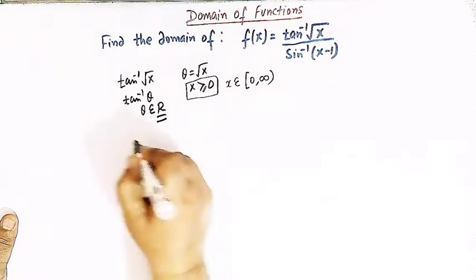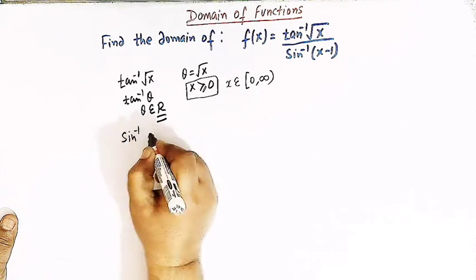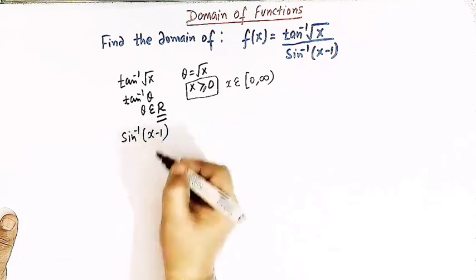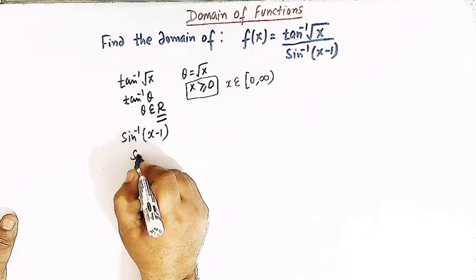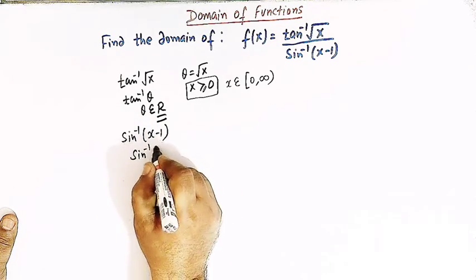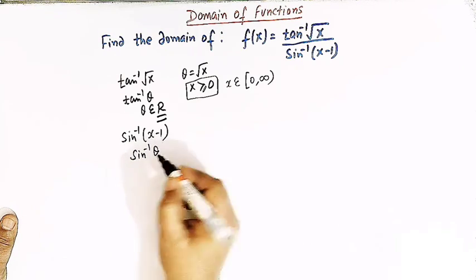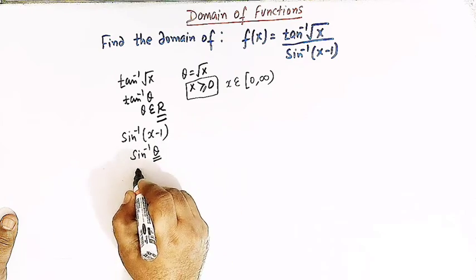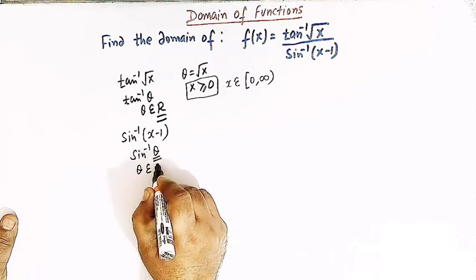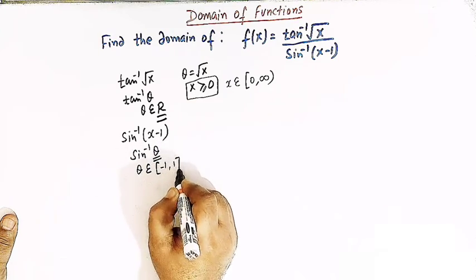Okay, now let us come to sine inverse x minus 1. Now let us consider the function sine inverse theta. Now, when we have sine inverse theta, then this theta must belong to the interval minus 1 to 1.